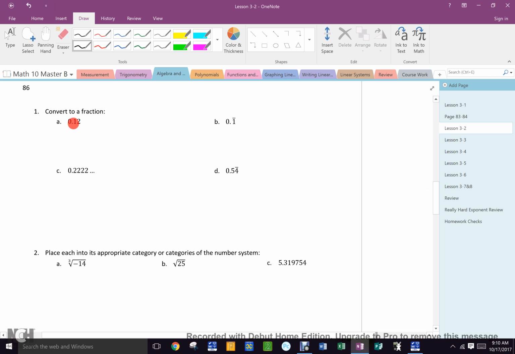Who can remember how to go from a decimal to a fraction? Can anybody remember how to go from a decimal to a fraction? Yep.